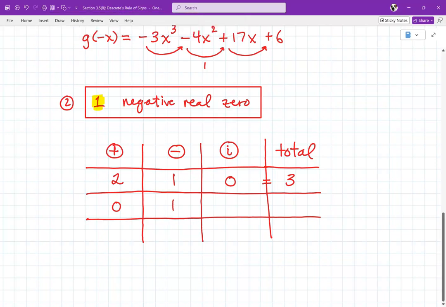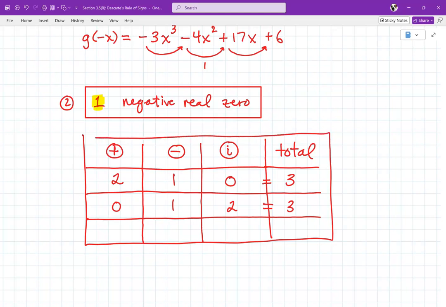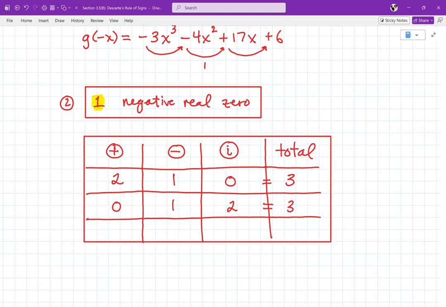How many imaginaries can I have then? 2. And remember, they always have to come in pairs. So you can't just say 1. They have to come in pairs. So 2. And that equals 3. This is your solution to the whole problem.